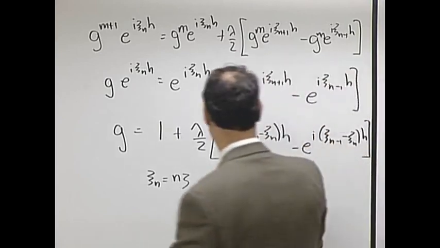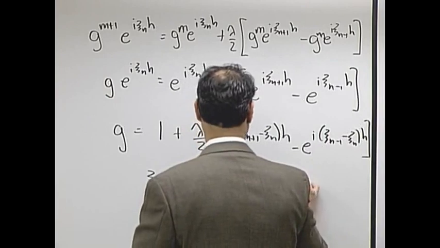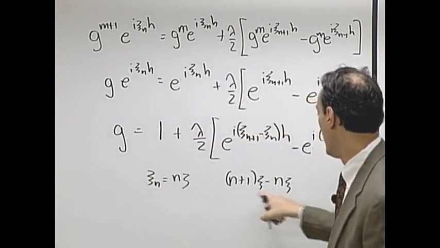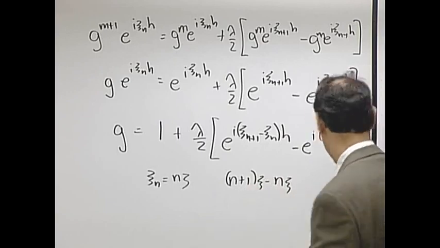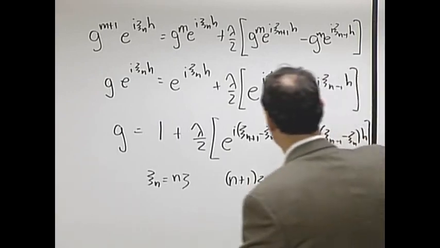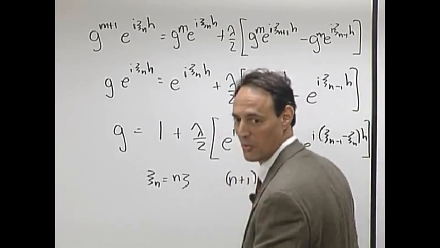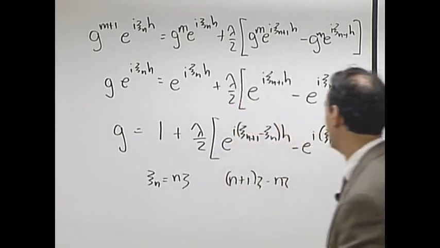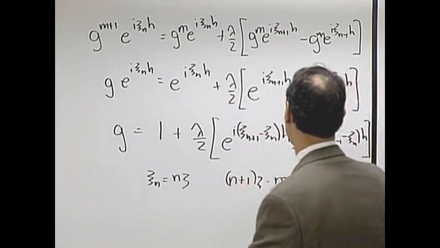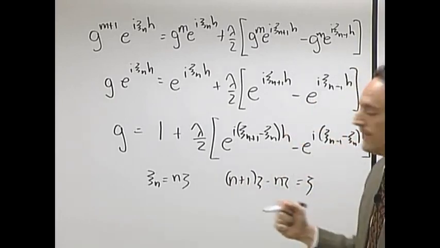So this is going to be something like n plus 1 zeta minus n zeta. And look at that, I have n zeta minus n zeta, and I just get a, oh, sorry, those are zetas, not x's. Hard to tell the difference. Zeta, zeta. So two of them cancel out, and you're left with zeta h.